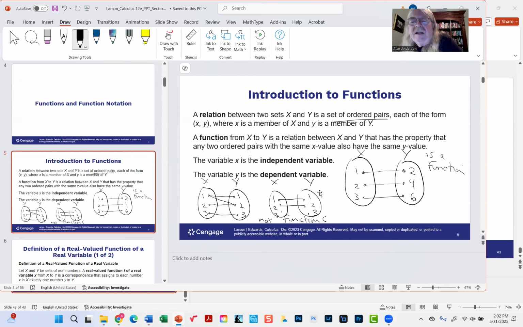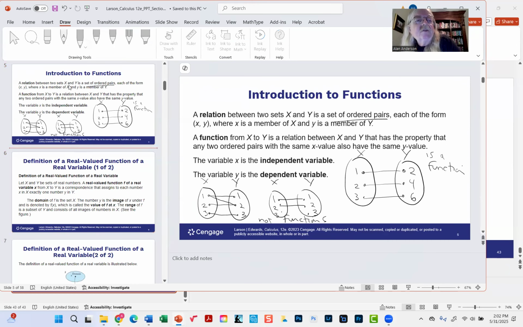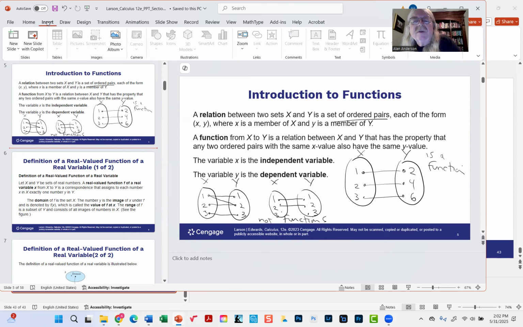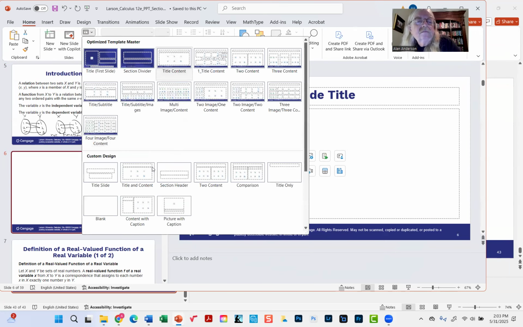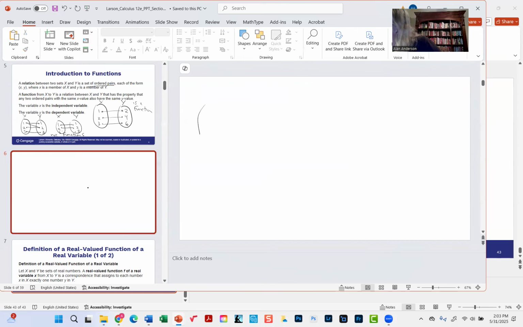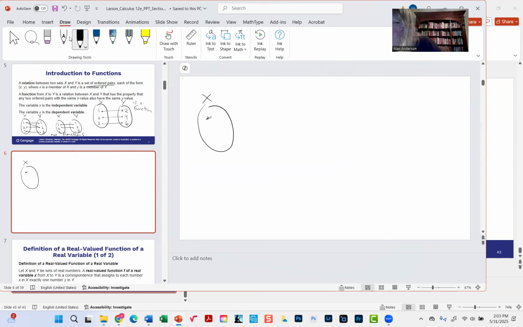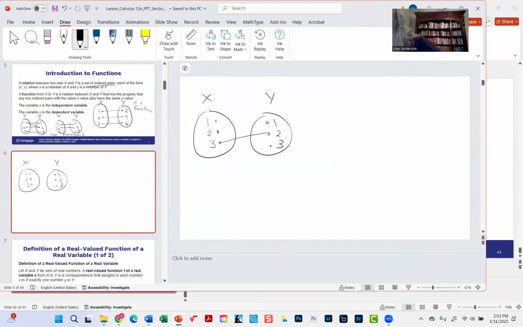Now, the order of them doesn't really matter. In other words, it might look like, because of the way I've drawn these, it has to be one goes to two, two goes to four, et cetera. No, like for example, this is fine.